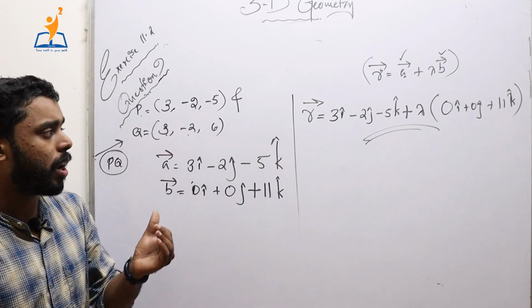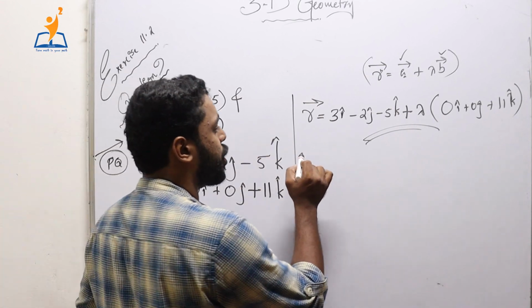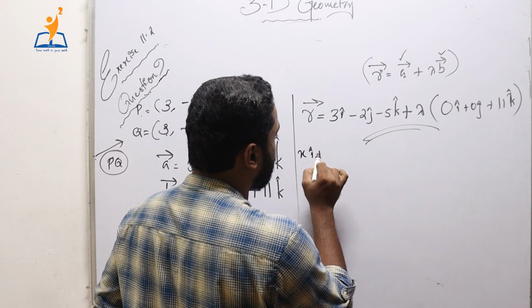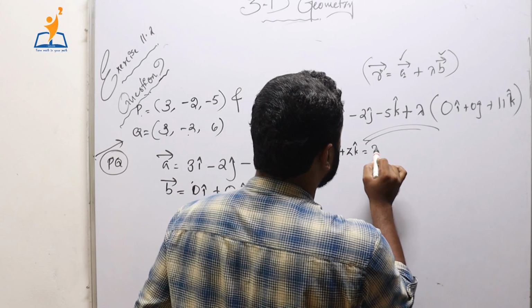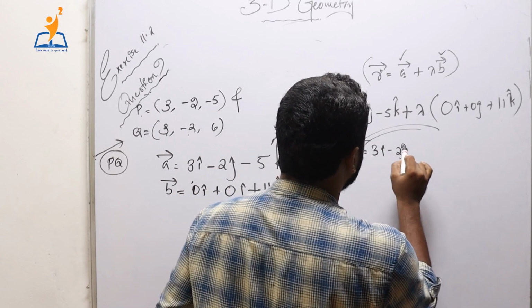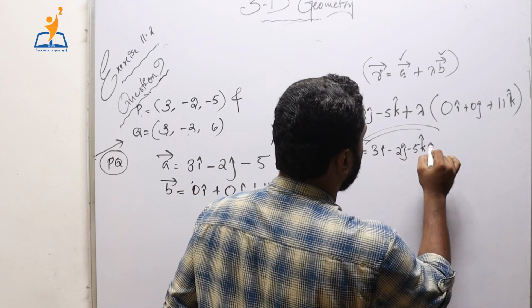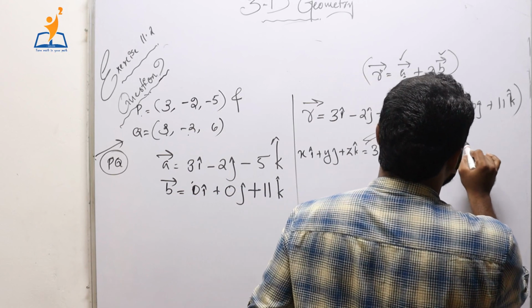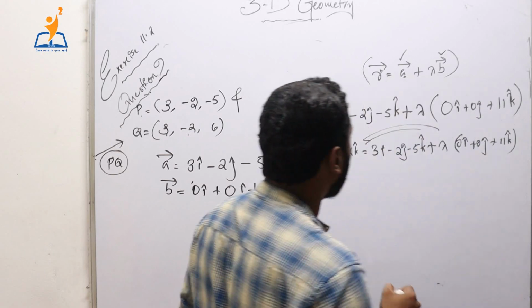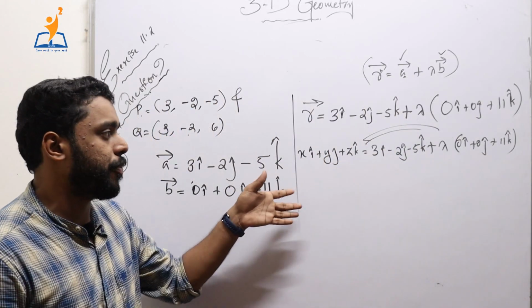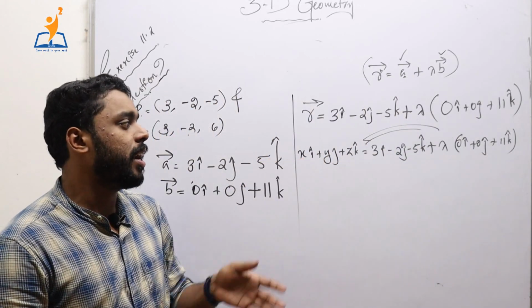It is easier for us to derive the Cartesian equation. Just do this. r is nothing but xi cap plus yj cap plus zk cap, which is equal to 3i cap minus 2j cap minus 5k cap plus lambda into 0i cap plus 0j cap plus 11k cap. Now we can equate the corresponding components on the left side and right side respectively.